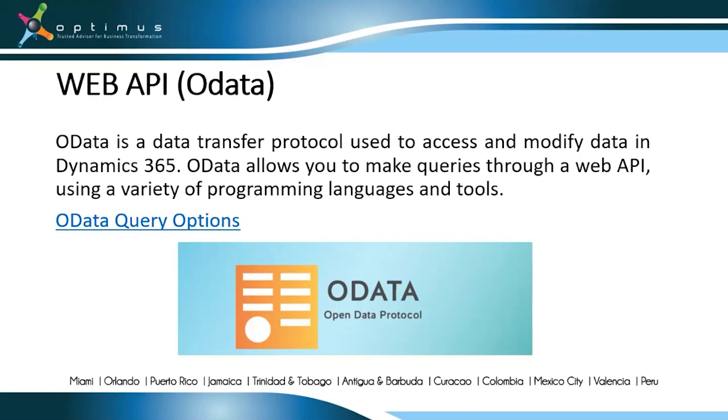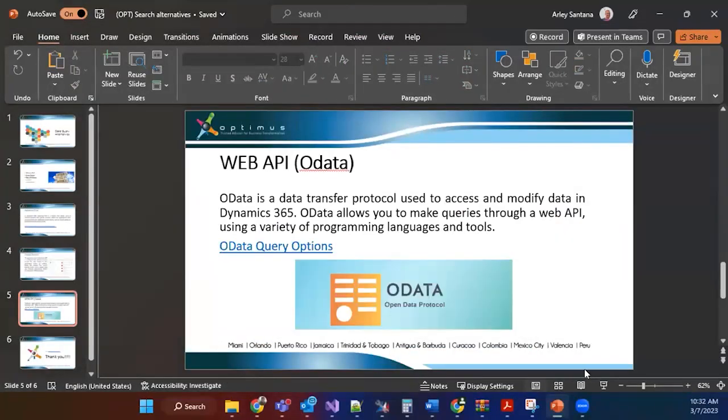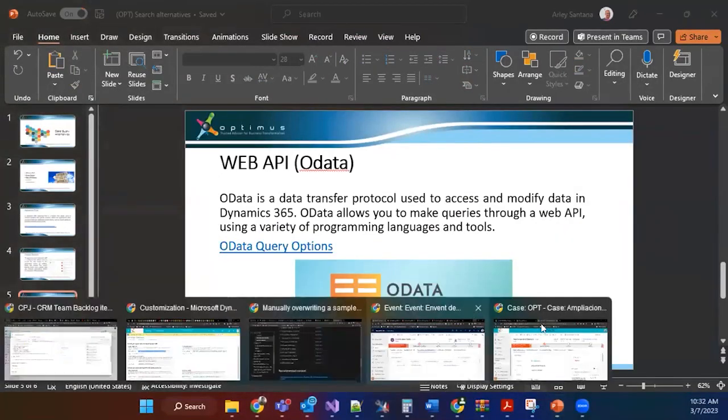In this case, we are interested in accessing the data, not modifying it. OData allows us to make queries through the web API using different filters and in different programming languages, but we will see how to make a filter to Dynamics CRM using only our browser. It is really useful, and I will show you how to get the needed information.